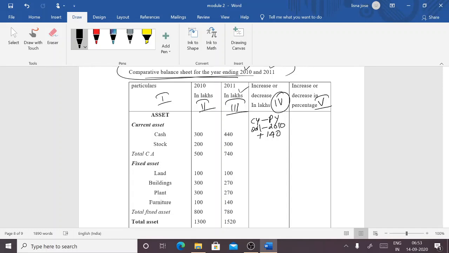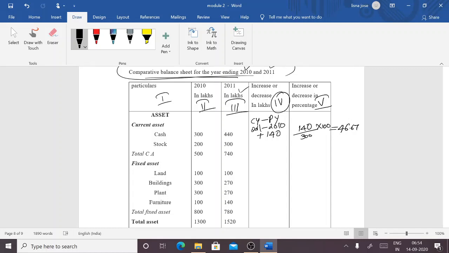The increase or decrease that happened, here 140, goes in the numerator, and the base year is taken as the denominator, multiplied by 100. That gives 46.67. So whatever the change is goes in the numerator, and the base year is the denominator, multiplied by 100, which gives the percentage.